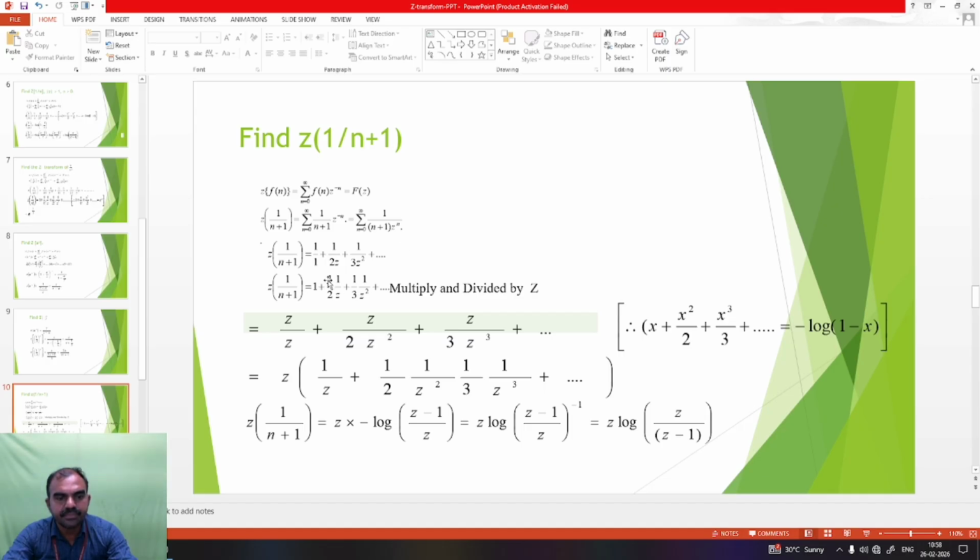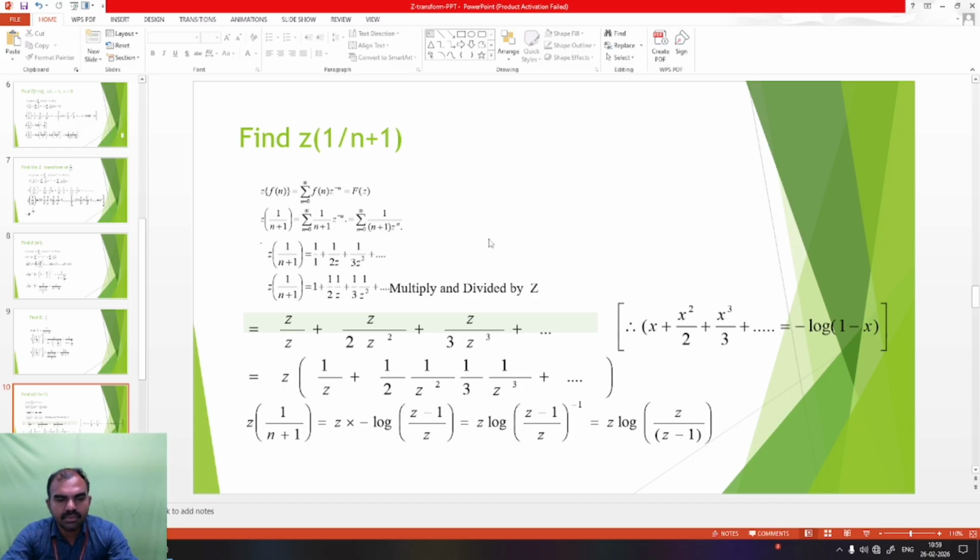Okay. Now apply n value 0 here. N value 0 means 0 plus 1, 1. Anything power 0 is 1. So 1 by 1. Next n value 1. So 1 by 1 plus 1 z power 1. So 1 plus 1 is 2. 1 by 2z. Next n value 2. 2 plus 1 is 3. 1 by 3z square, and so on.